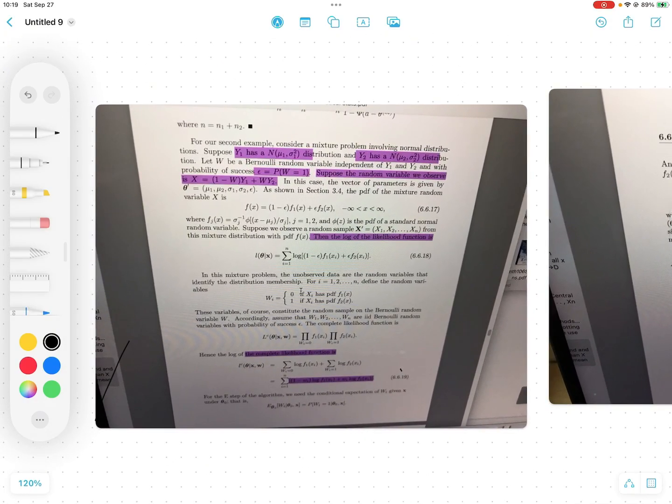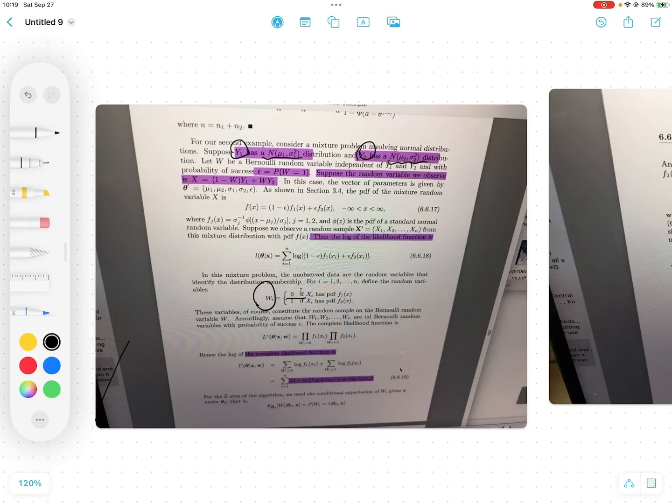The problem is we have two random variables and our supposed distribution, and we further have a latent variable wi that follows the Bernoulli distribution.